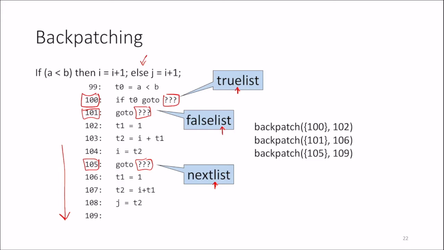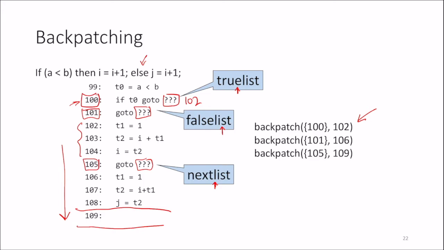And then when you're roughly over here, you've seen all of the locations that you need. And then I would execute these backpatch instructions. And I would say in code location 100, I would go to this go-to statement and replace it with 102, because that's what happens if it's true, we need to execute the body of this if statement.